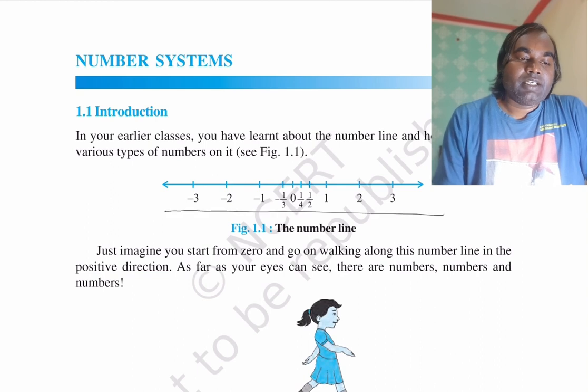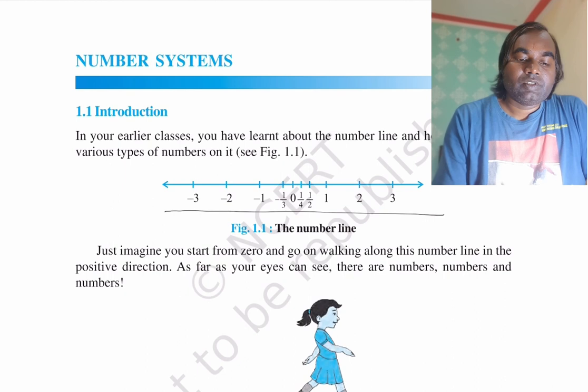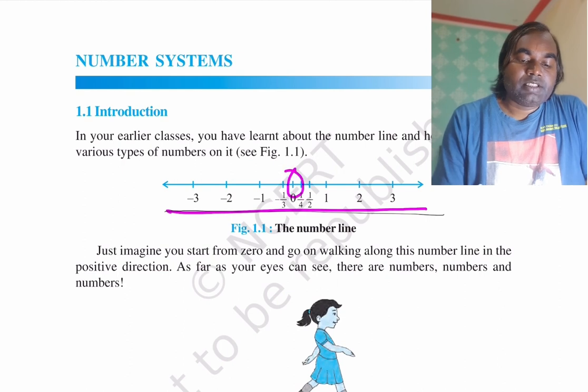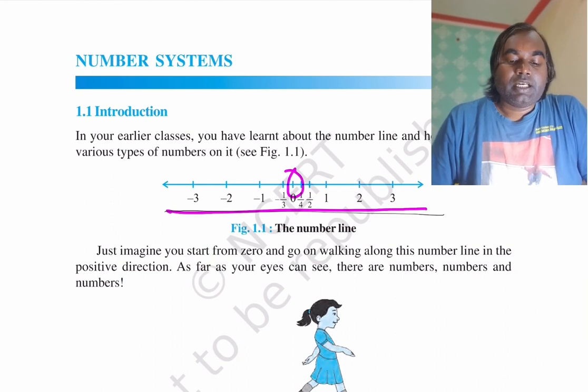This is a number line, and there is a reference point. We denote this reference point as 0, and we can move on either side from 0, to the plus side and to the minus side, right?